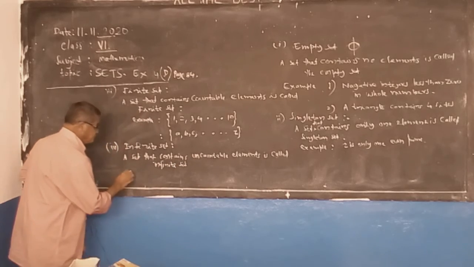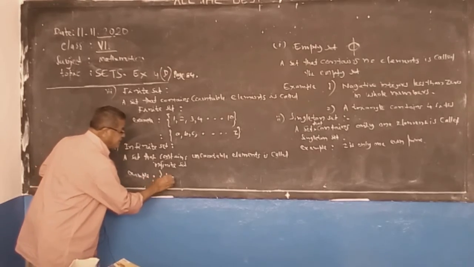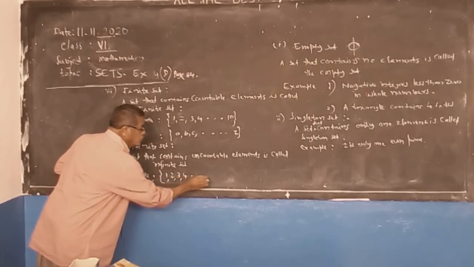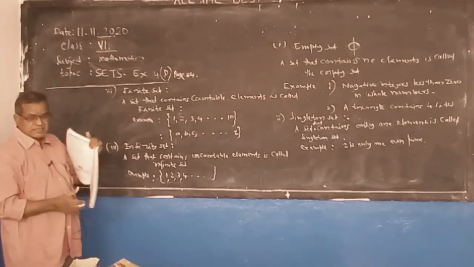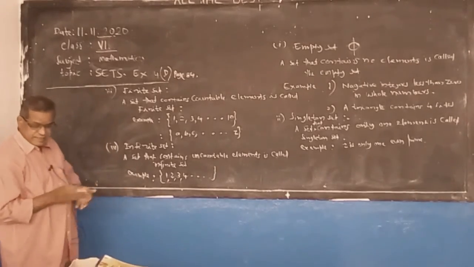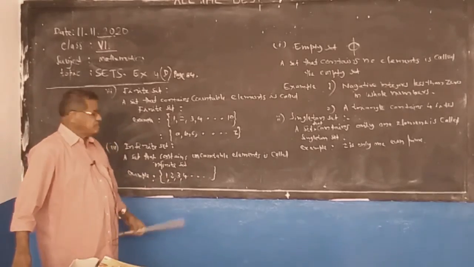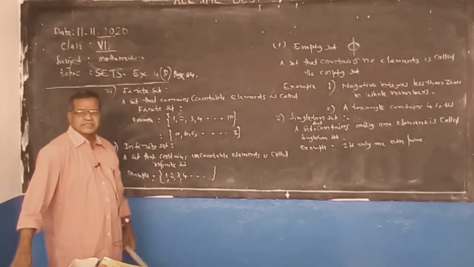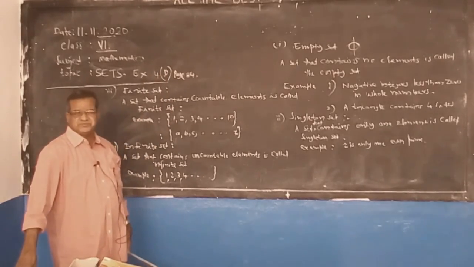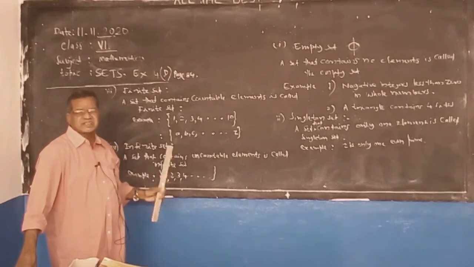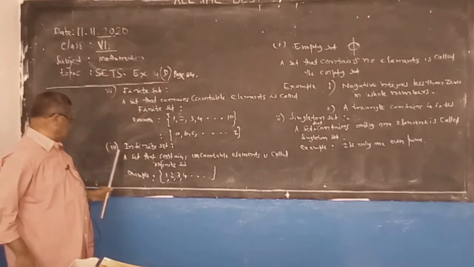Example: it has a beginning but no ending, dash dash dash, like this. Set of stars in the sky. We cannot count. Such sets are called infinite sets.